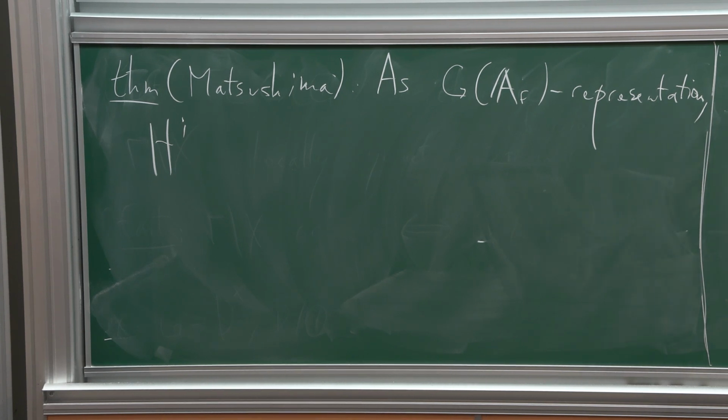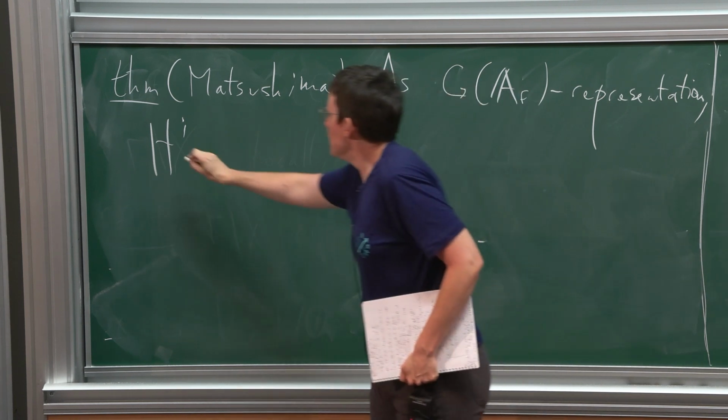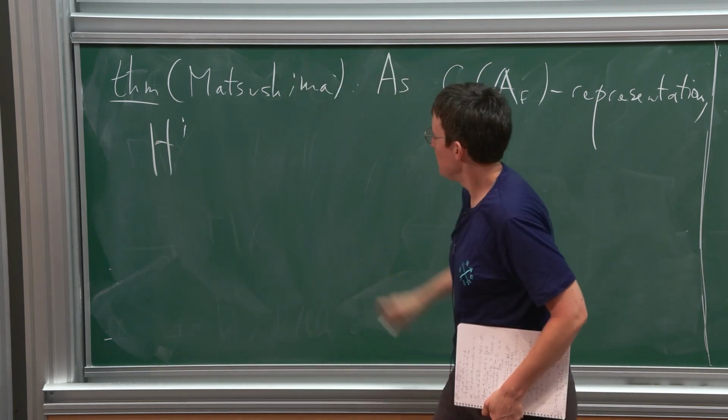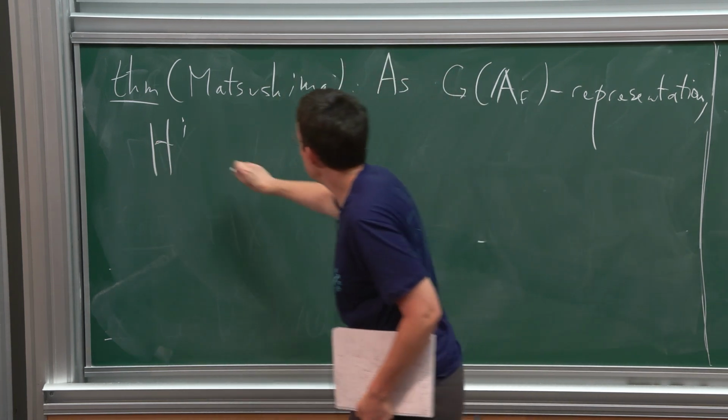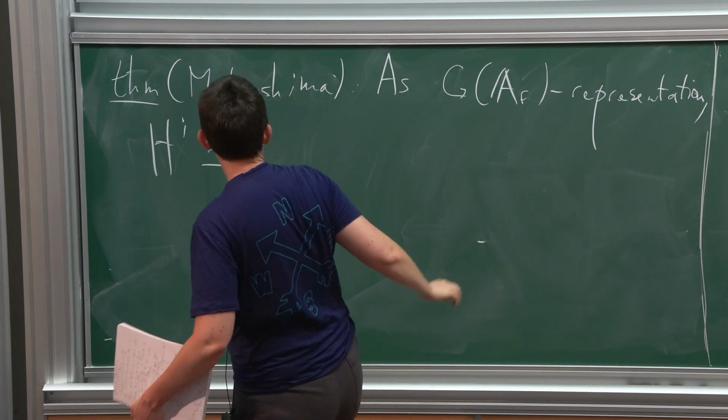If you just look at the cohomology of MK with K fixed, this is the K-fixed points in this H^i. So you have an action not of G of AF, but of something we've already seen, the Hecke algebra at level K, the algebra of locally constant, K-invariant functions with compact support on G of AF. So I'm going to give you the limit version, the version for the limit cohomology, of Matsushima's theorem.